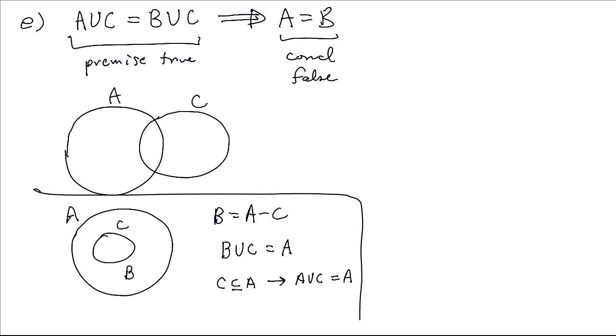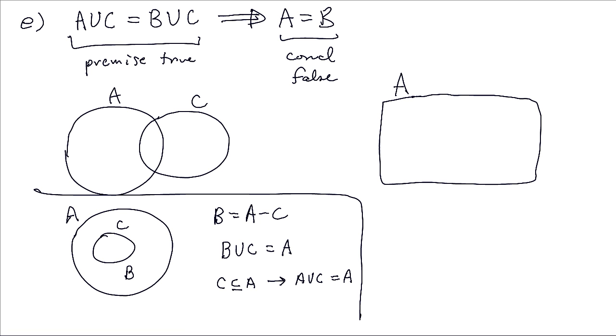Another way of drawing this would be to say, let's suppose A is this whole set, that C is this half of A, and that B is this half of A. Then A union C is A, and B union C is also equal to A. So this is the situation where A is equal to B union C, and B intersect C is equal to the empty set.